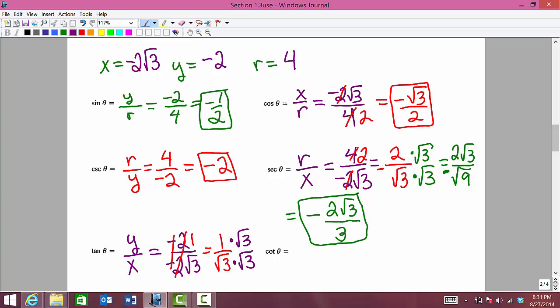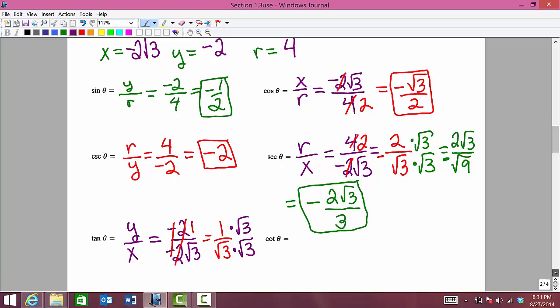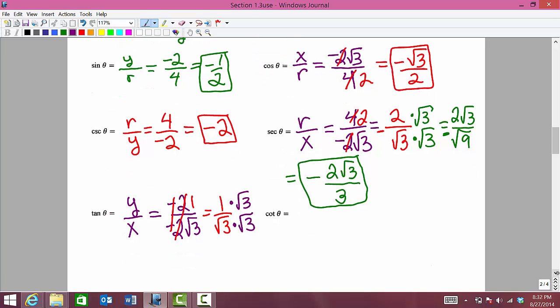So multiply top and the bottom by the square root of 3. And our final answer here would be square root of 3 divided by, we see that the square root of 3 times square root of 3 is square root of 9 from before, which ultimately gives us a denominator of 3.